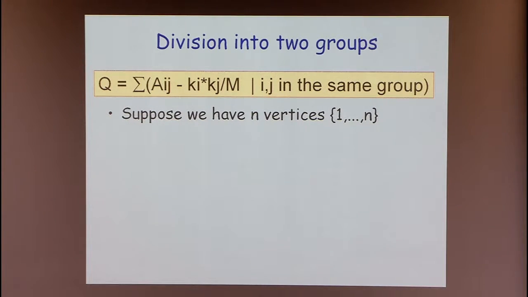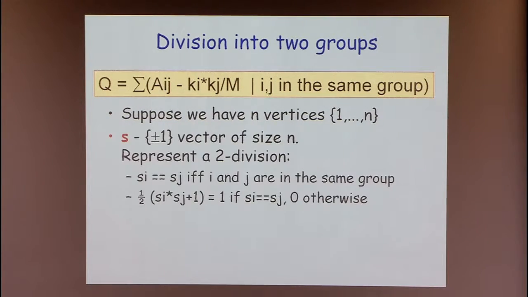Okay, so how do we do it? If we only have 2 groups, we can use an auxiliary vector that has one of 2 values, either +1, which means that you're in the positive group, or -1, which means that you're in the negative group. And it's very easy to see that the expression half times (s_i s_j + 1) is 1 if i and j are in the same group and 0 otherwise.